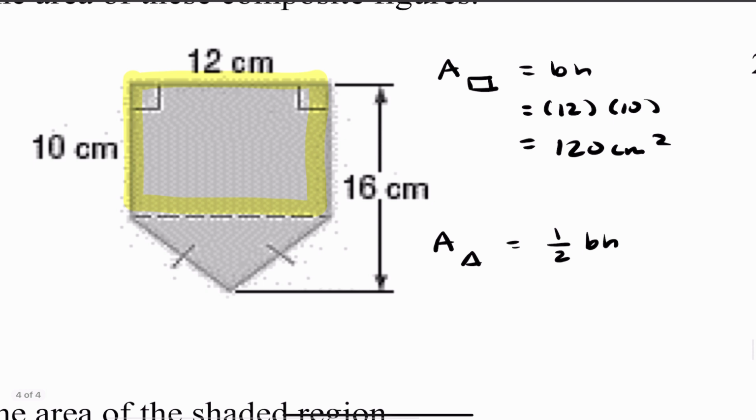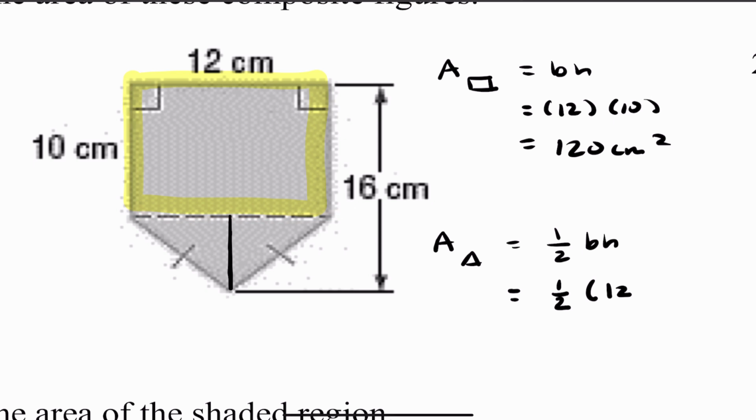Okay, and then the area of a triangle, you have that 1/2. Non-negotiable, and then you got the base times the height. The base and the height are supposed to be perpendicular to each other. All right, so we say that it's equal to 1/2. The base of this triangle is 12. And then the height, you have to create that segment perpendicular to the base of the triangle.